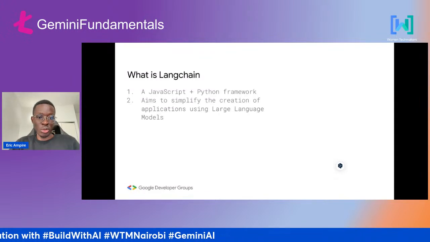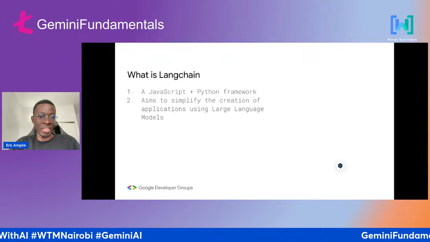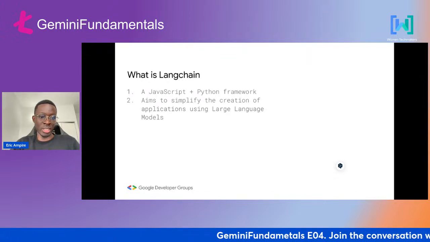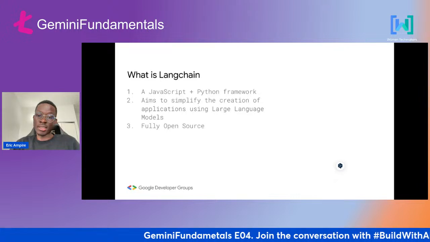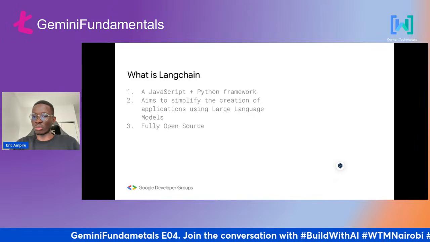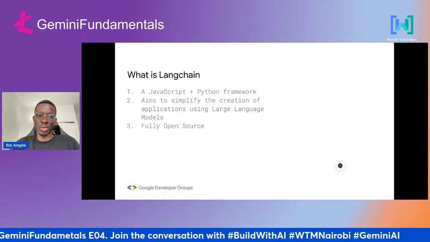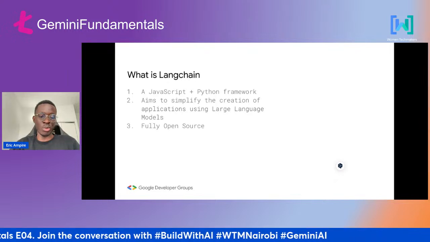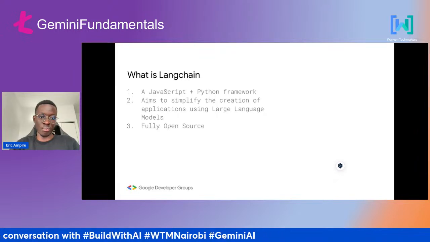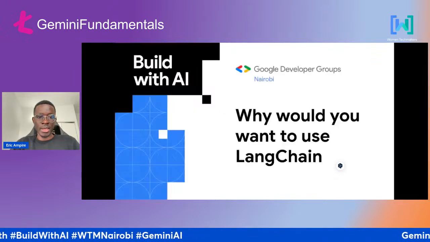The main goal of LangChain is to simplify the creation of applications using large language models, like Marvin just explained, and it's fully open source. You can find it on GitHub, download it, and contribute whenever you want. It's a pretty interesting project.